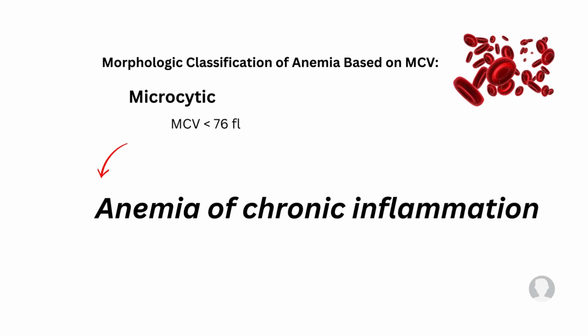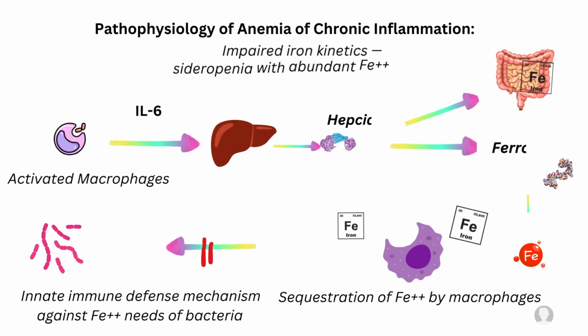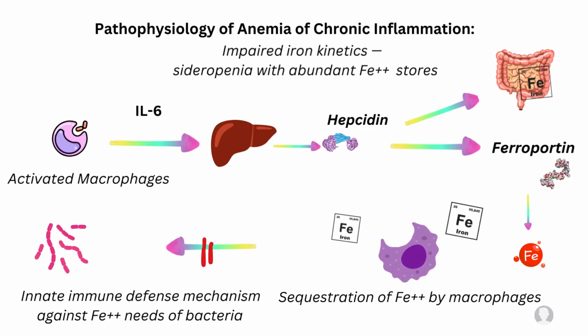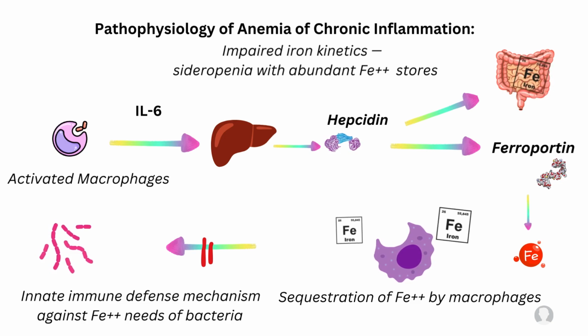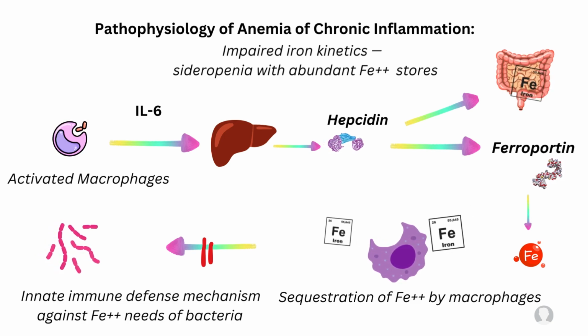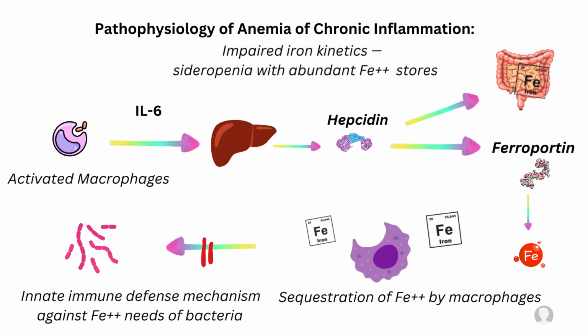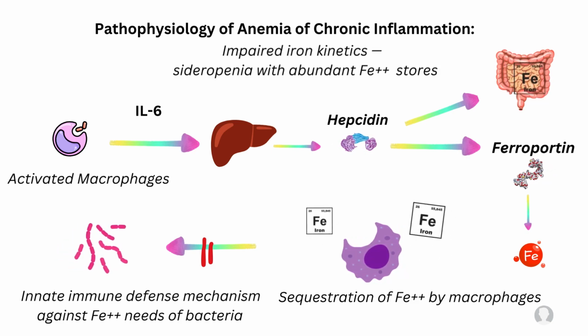How does chronic inflammation affect so many people with anemia? The key to understanding the pathophysiology of anemia of chronic inflammation is knowing that it is caused by impaired ferrokinetics and thus iron-restricted erythropoiesis.